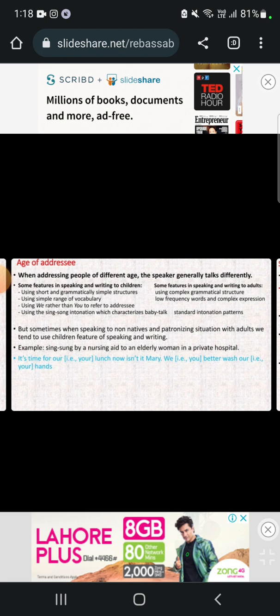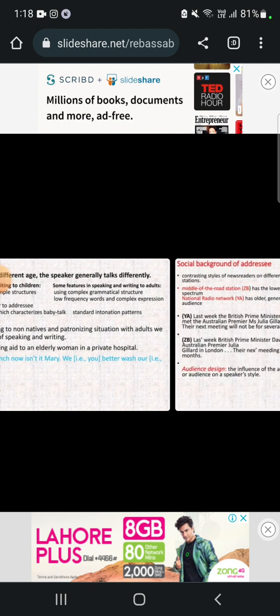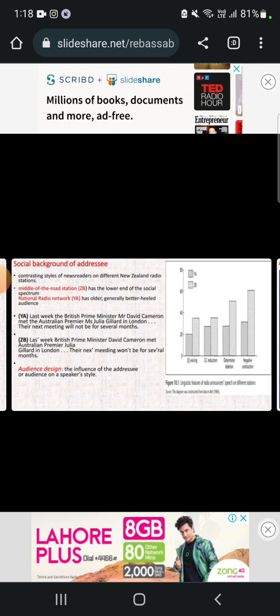This is how we talk to children. When people talk to adults, they use complex grammatical structures, low frequency words, and complex expressions. But sometimes when speaking to non-natives, in a patronizing situation with adults, we tend to use children's features of speaking and writing. This example you may just read.